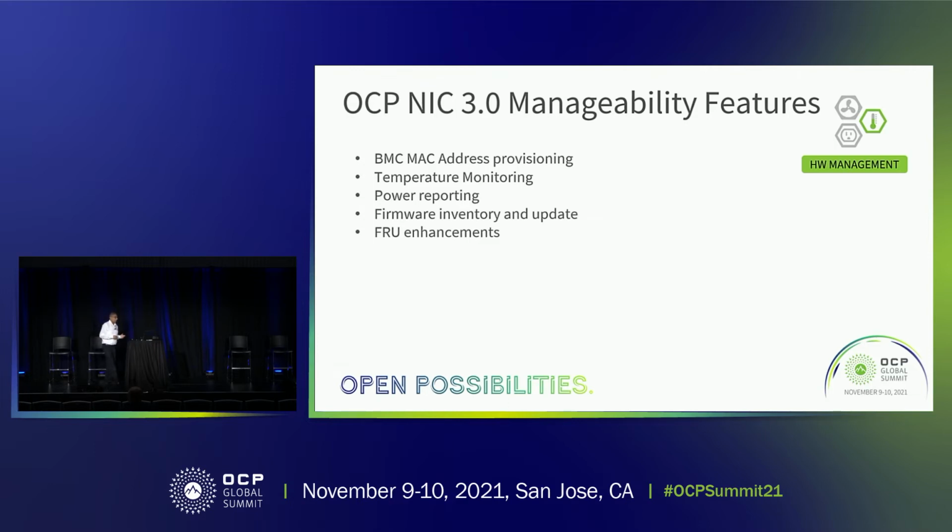And the last thing we did, which we didn't have in the previous OCP NIC spec, is the FRU definition, which was left up to the implementation. It may sound very simple, what's the big deal in that, but it's important to have one common way to have that FRU definition.